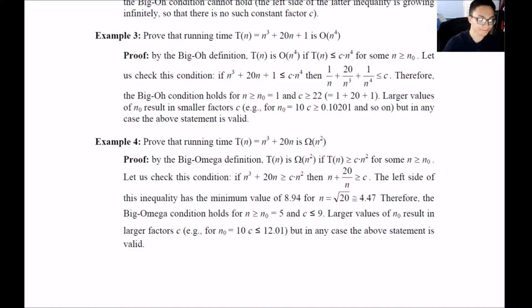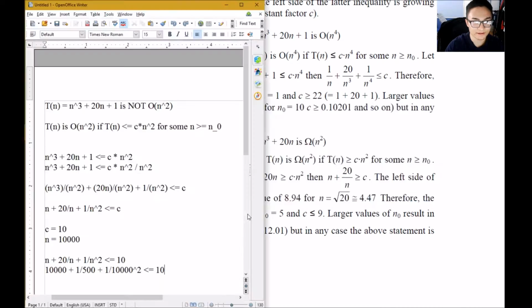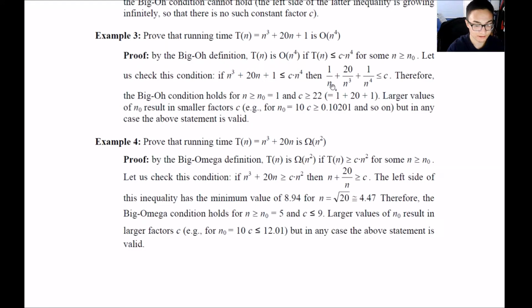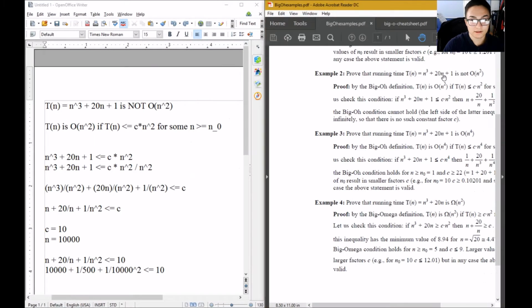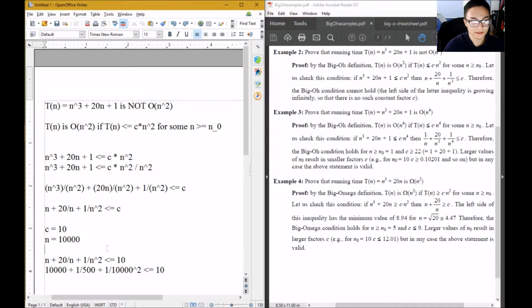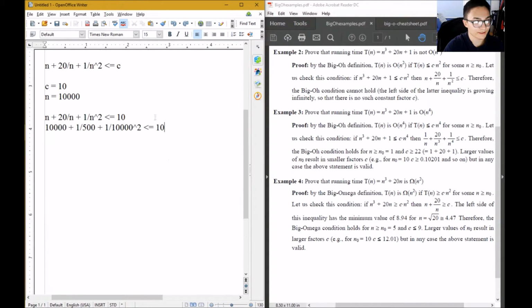Okay, so think about it. This is how I'm going to practice. Let's try something with a big omega, because that was pretty interesting.